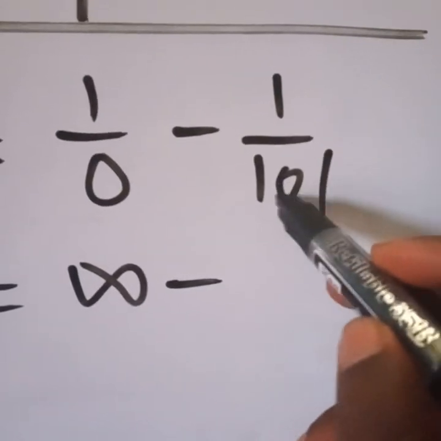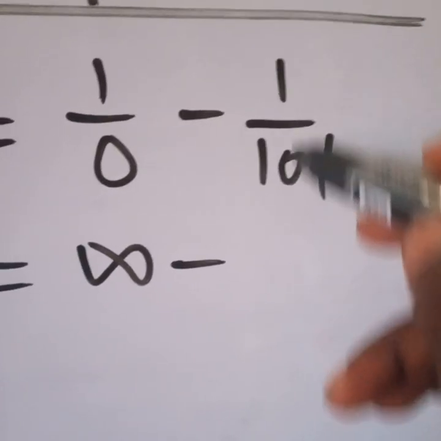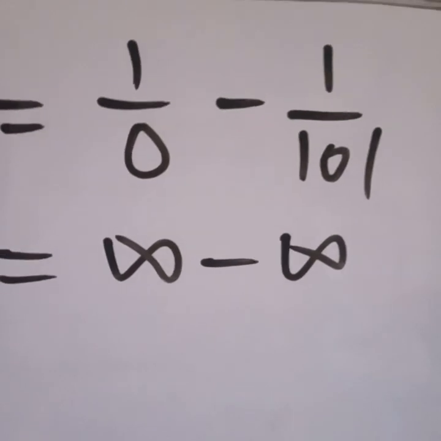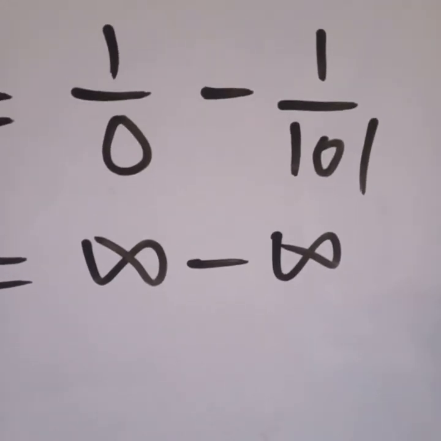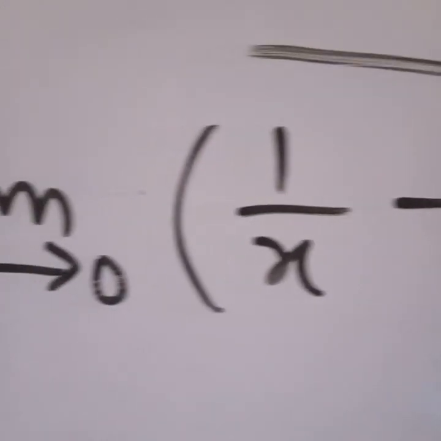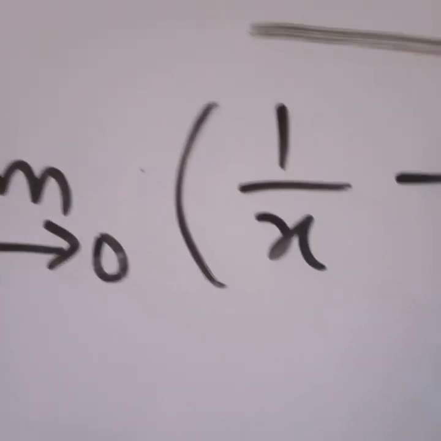The absolute value of 0 is 0, so 1 over 0 is also infinity. So this is an indeterminate form, which means we need to redefine this function before we can evaluate.